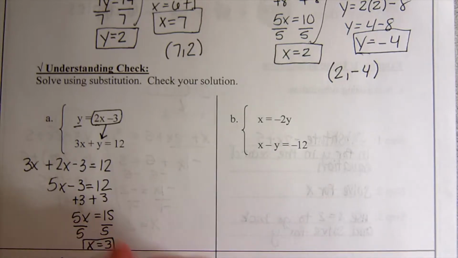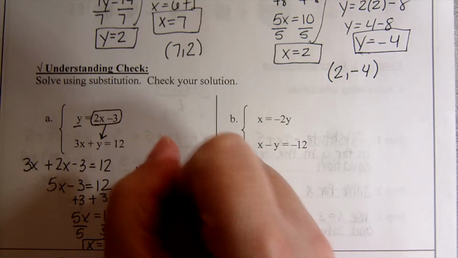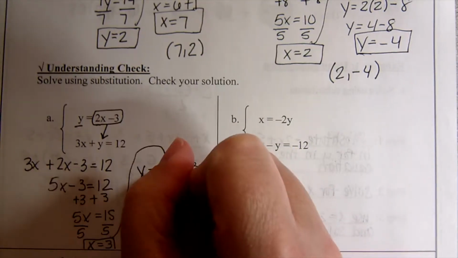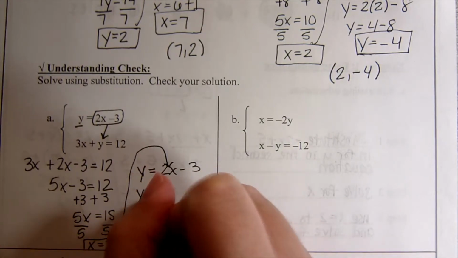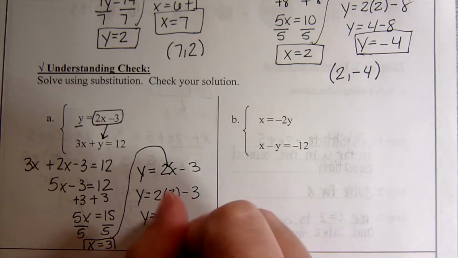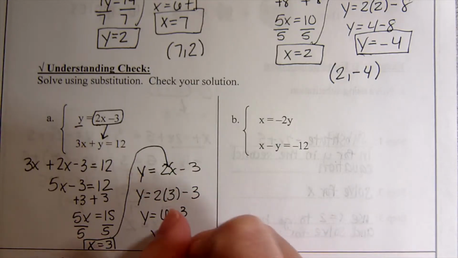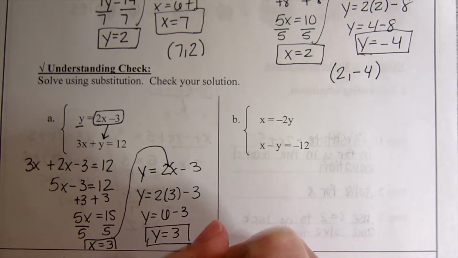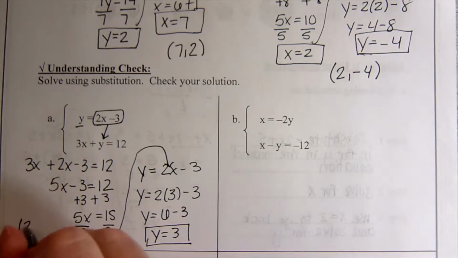Well, you could plug it in to either one. I just like the first one. So y equals 2x minus 3. So y equals 2 times 3 minus 3. So that would be 6 minus 3, which is 3. So what is my solution? 3, 3.